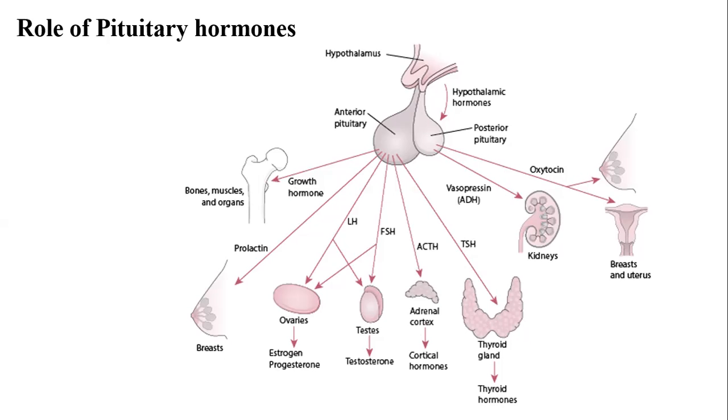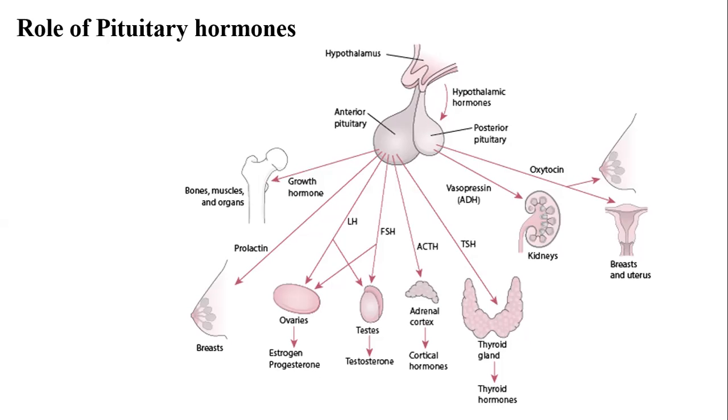They are only released. That means these hormones are produced in the hypothalamus. From the hypothalamus, they are stored in the neurohypophysis, and from the neurohypophysis, they are then released. So, under the influence of the hypothalamus, the pituitary gland works. Hence, the neurohypophysis releases 2 hormones.